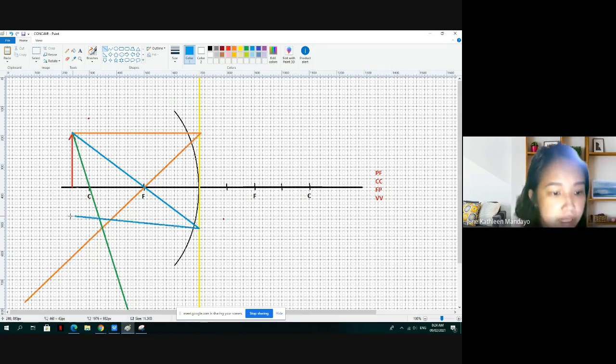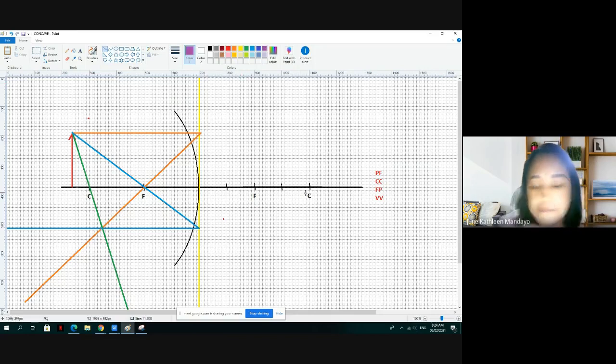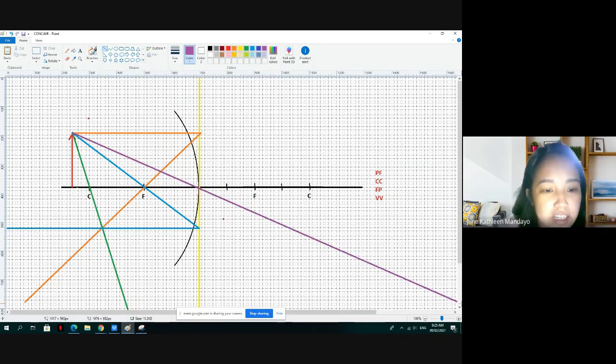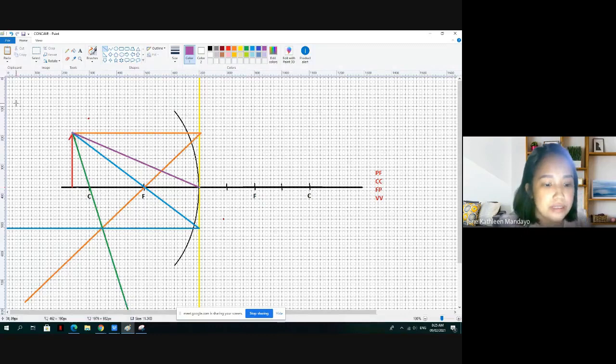Okay, it will be reflected parallel, sabi natin, doon sa principal axis. And then the last one for the VV. Okay, so we have here the vertex or the pole. Lahat daw ng light rays that would pass dito. Usually, hindi na nagagamit yung VV. Kasi lagi siyang kakaiba sa ating mga illustrations. So, dyan, it will be reflected back.